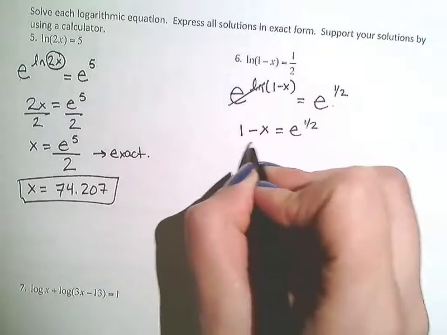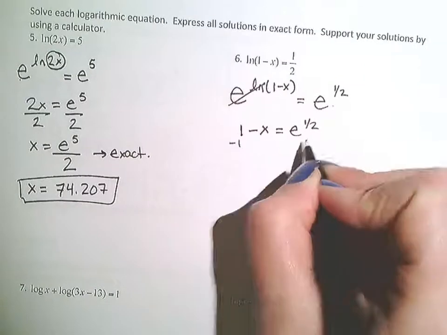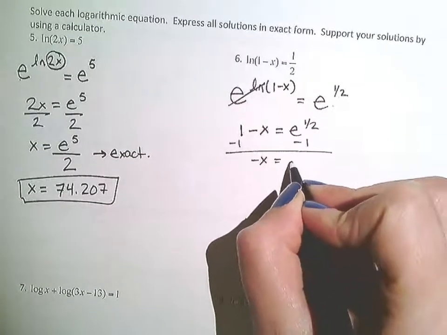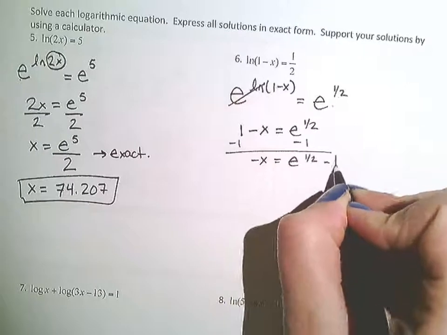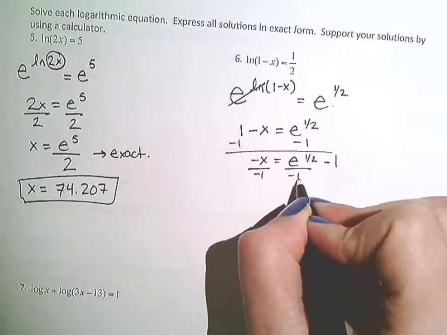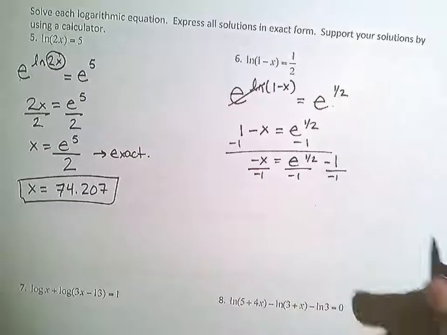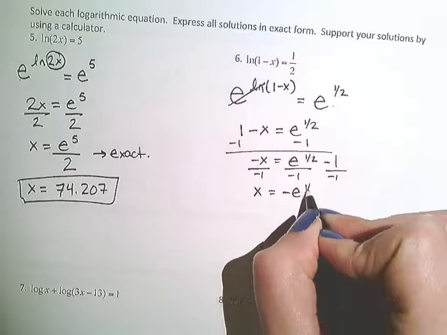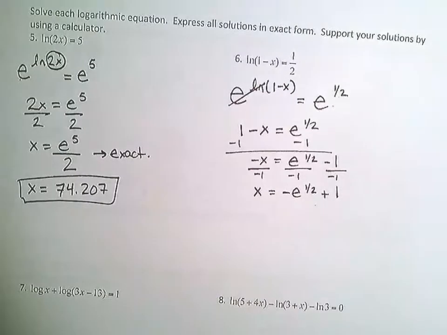And now we want to solve for x, so we subtract 1, subtract 1. And then divide by -1. You remember, you divide everything by -1 because there's a minus sign. So this is x equals negative e to the 1/2 plus 1.